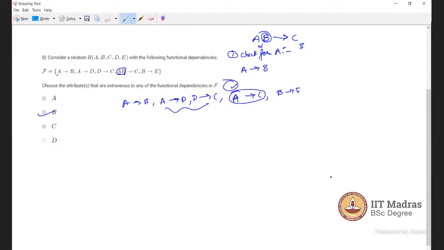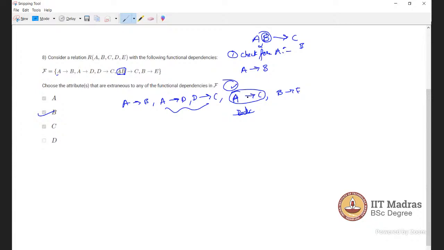This is a redundant functional dependency. We have to remove this. We can't say that A determines C is an extraneous attribute.